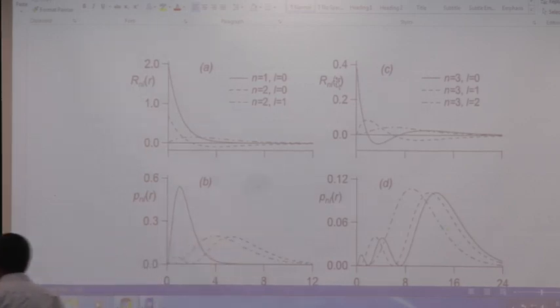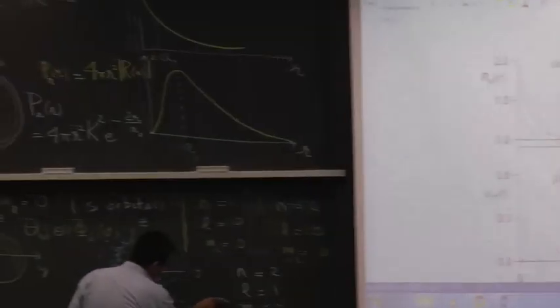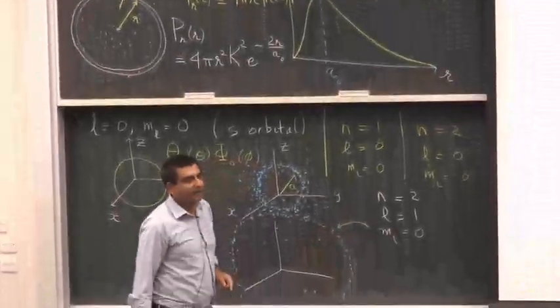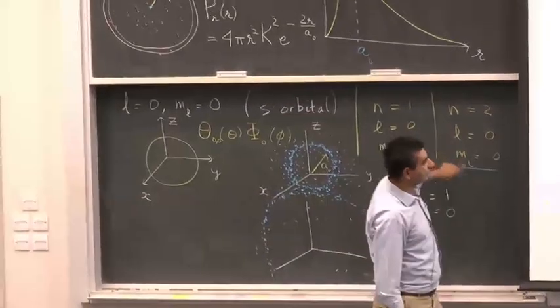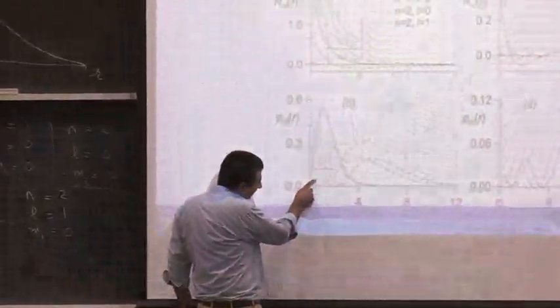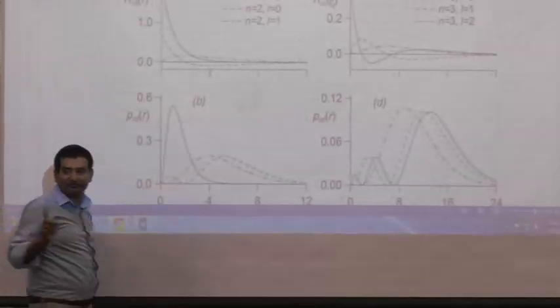So what I've drawn here is actually this thing. If I were to plot n equals 2, L equals 0, ML equals 0, I would have this radial probability density with a node.